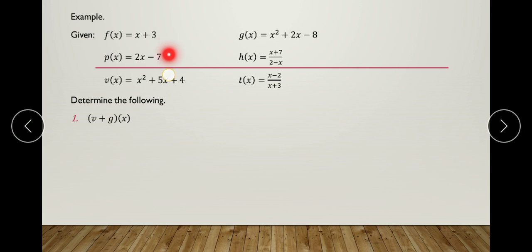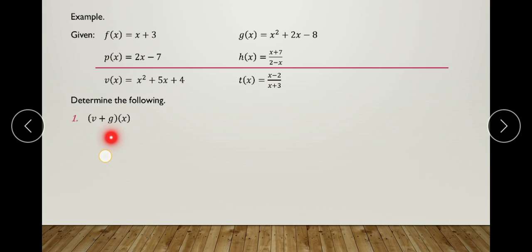The same thing with p(x), because both have the highest exponent of 1. v(x) and g(x) are examples of quadratic functions because the highest exponent is 2. And h(x) and t(x) are examples of rational functions because they are in the form of a fraction. And take note, our denominators here should not be equal to 0.